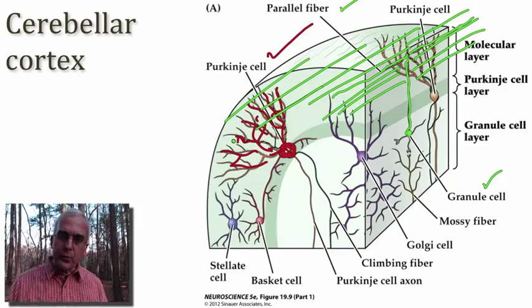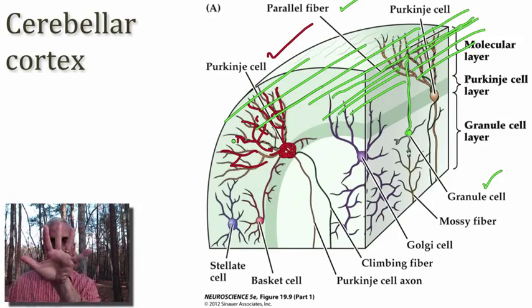In fact, if one were to look at a Purkinje cell, one would find a remarkable geometry to its dendrites. While most neurons in the brain grow dendrites in all different directions, the Purkinje cells grow their dendrites in a very narrow plane, much like the fingers of my hand are extending in a narrow plane.